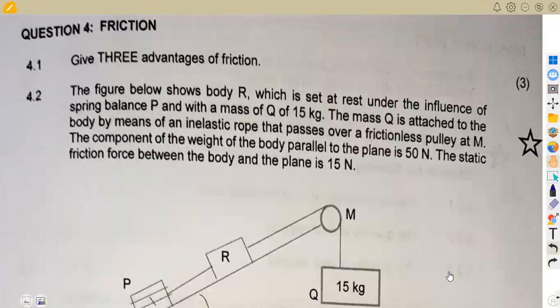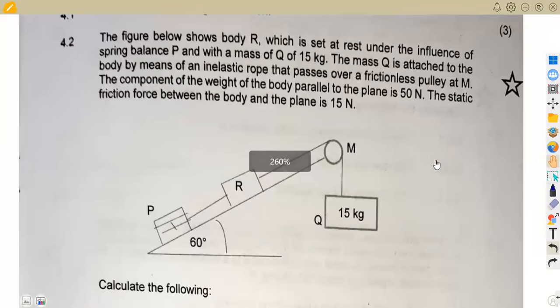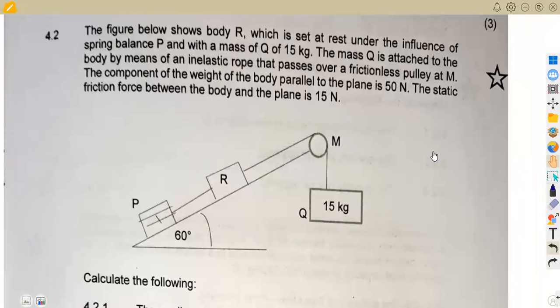Then we are given question 4.2. The figure below shows the board R, which is set to rest under the influence of a spring balance P with the mass of Q. So we've got the mass of Q here. The mass Q is attached to the body by means of an elastic rope that passes over the frictionless pulley at M. The component of weight of the body parallel to the plane is 50 Newton in this case.